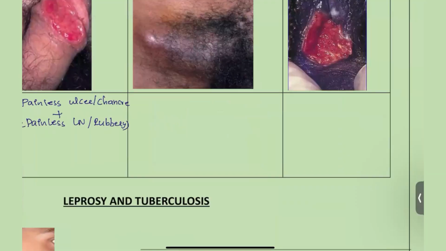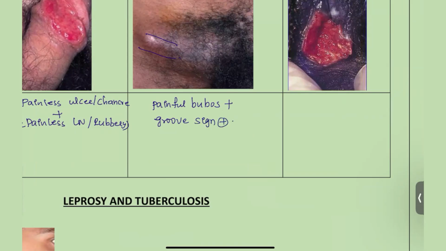Next, lymphogranuloma venereum. There will be painful buboes, and also there will be a groove sign. This is known as the groove sign positive.